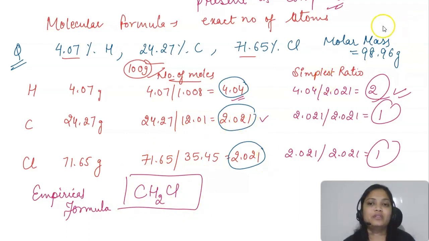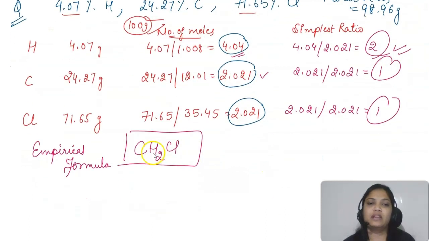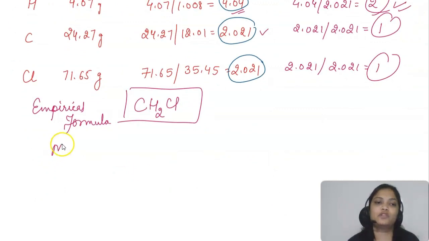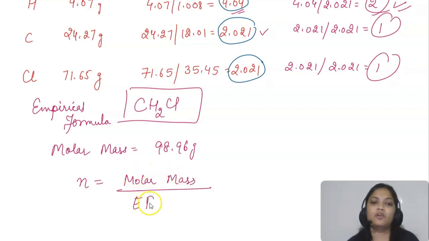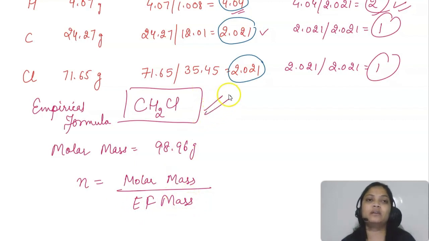Now one more thing was given, the molar mass, which is 98.96 grams, and using this I need to find out the molecular formula. So I'll find out the value of n. What is n? n is the molar mass upon the empirical formula mass. The empirical formula mass I will calculate from the empirical formula that I have got.